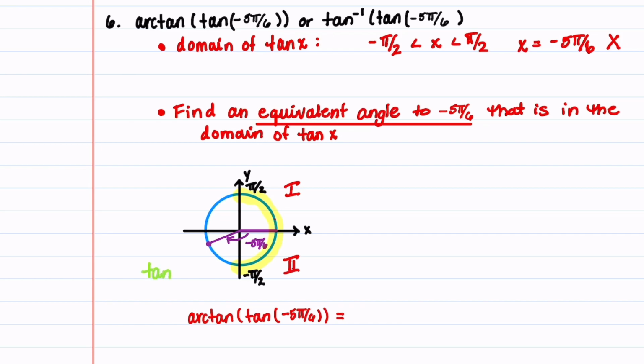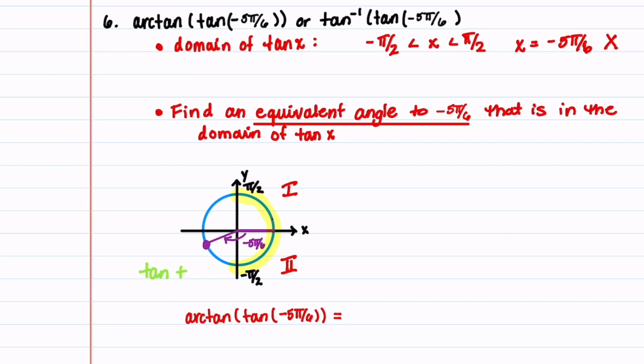Tangent is positive in quadrant 3, where our point is located, so our equivalent angle needs to be in quadrant 1, where tangent is also positive. Since tangent has a period of pi, we can think of our new point as minus 5 pi over 6 plus pi, which is pi over 6.